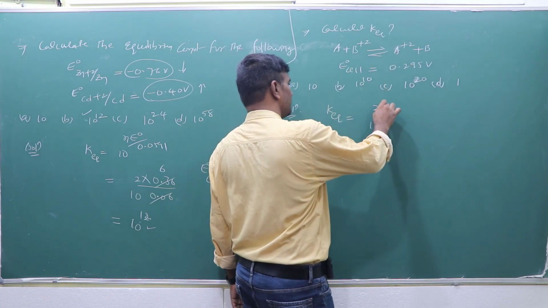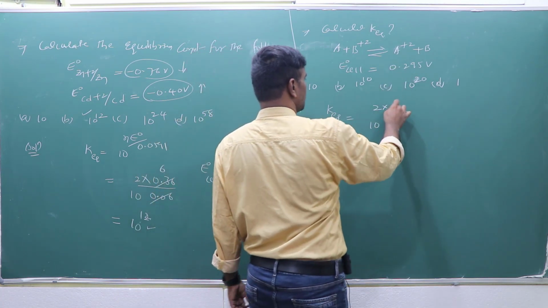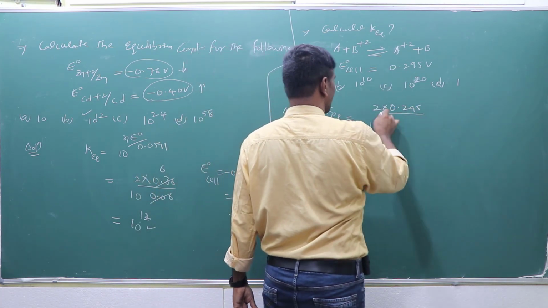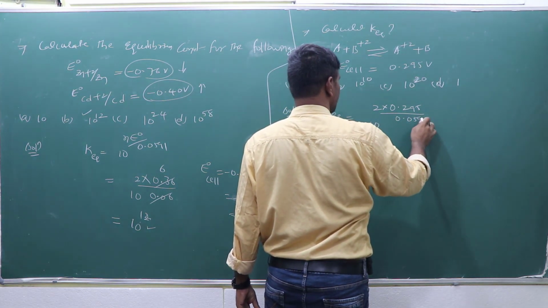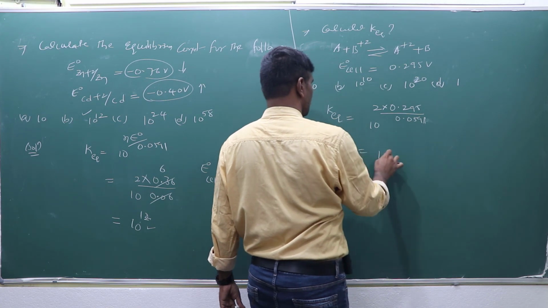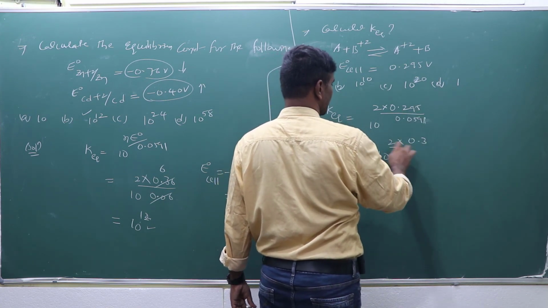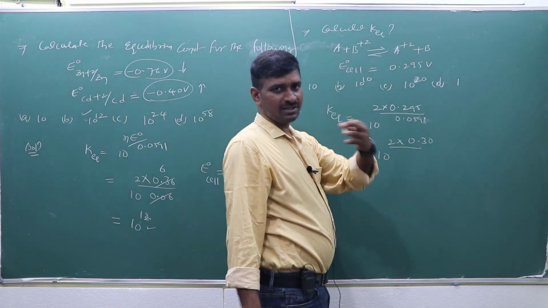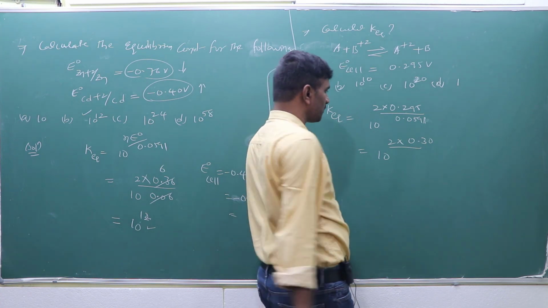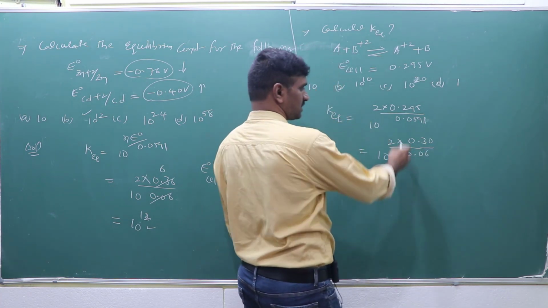So that's why n value is 2 and E naught value is how much? 0.295 by 0.0591 or 0.06. So 10 to the power of 2 into this value, which is very close to 0.3 or 0.30 something. 295 is going to be 3 or 30 or 300, whatever it may be you can use. And this is 0.06 approximately.